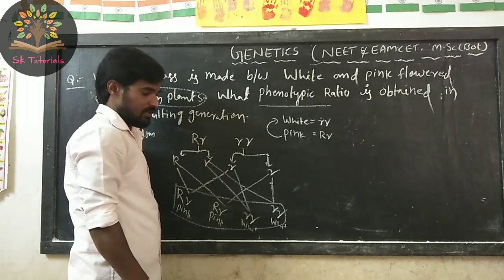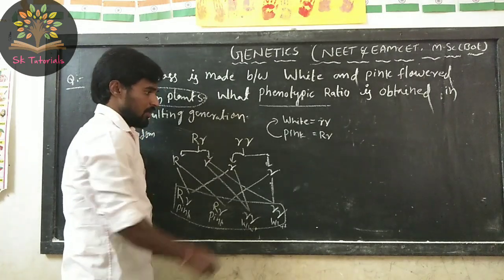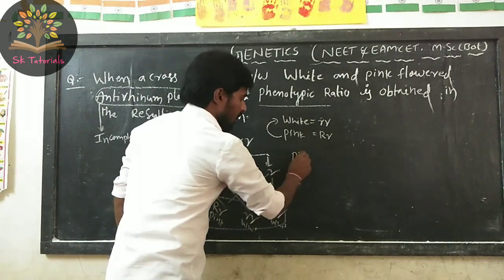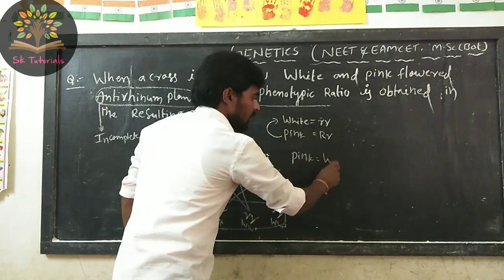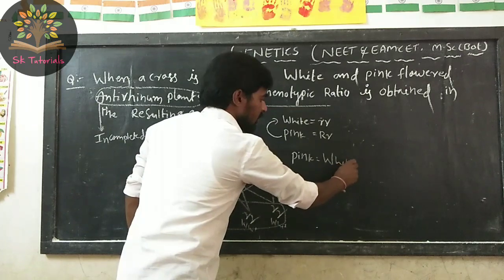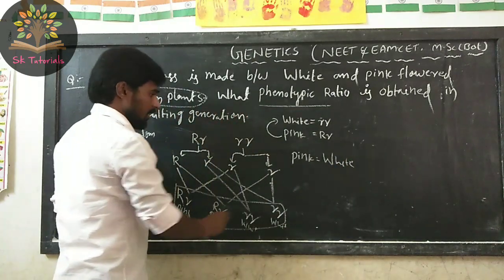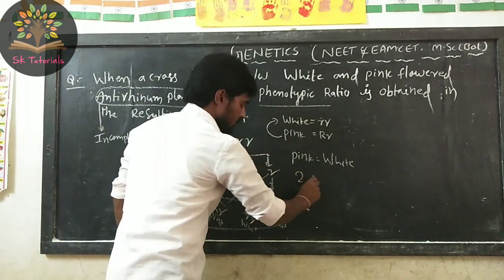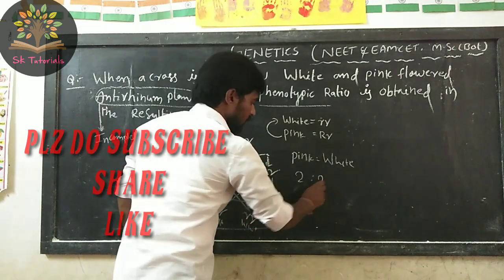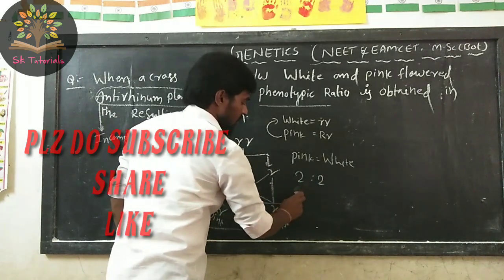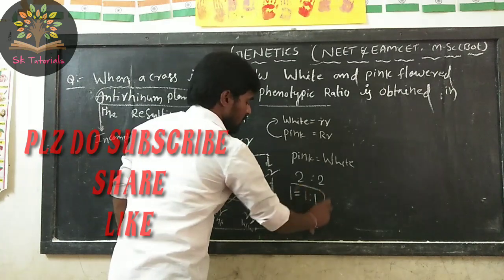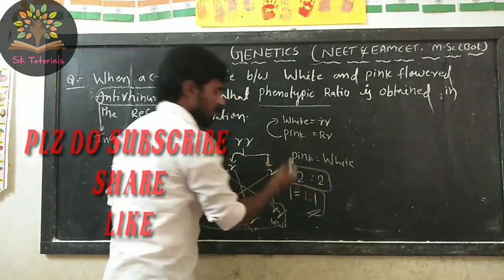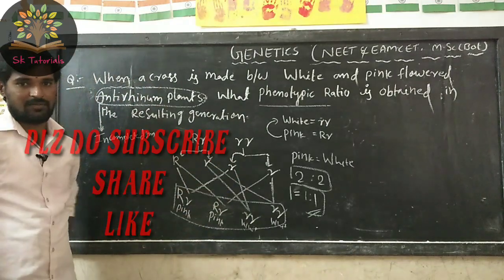Here the phenotypic ratio is pink to white: how many pink here? 2. How many white here? 2. So 2 is to 2, which is equal to 1 is to 1. The answer is 1 is to 1 or 2 is to 2, whatever it may be. Okay.